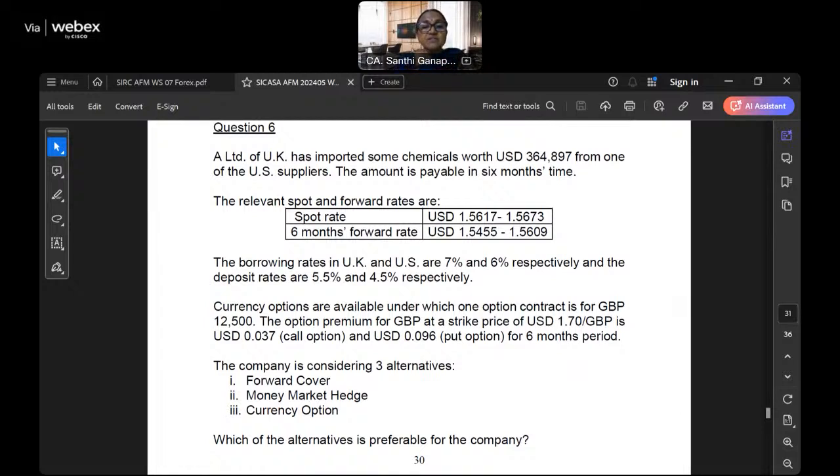Would you like to check up one by one? Forward cover first, then money market, then currency option.